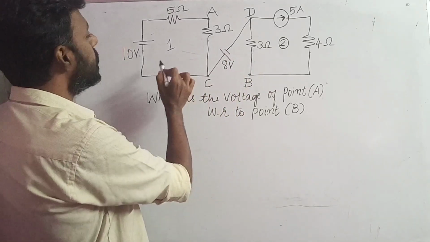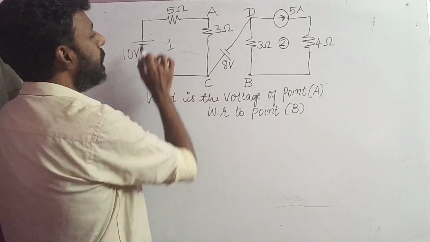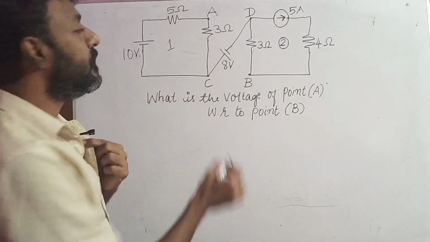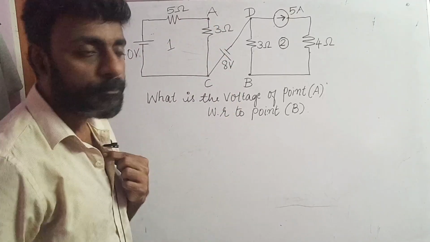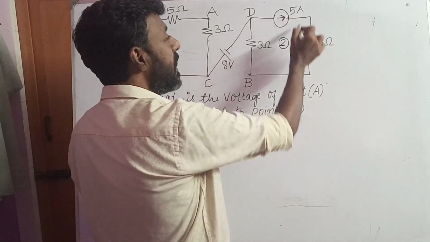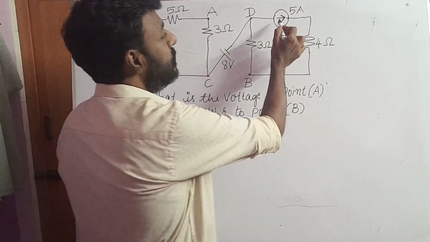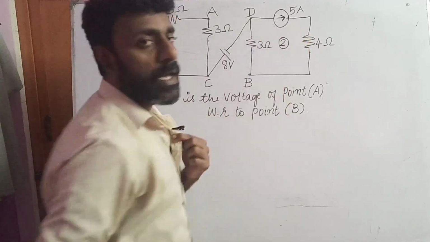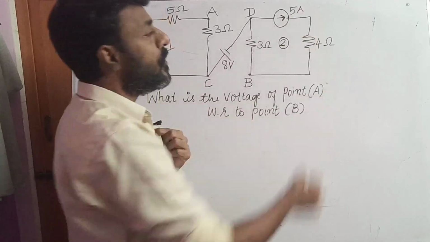First, I am considering loop 1 and I am going to calculate the magnitude of the current that is flowing in loop 1. For loop 2, an ammeter has been connected in this circuit and the meter reads 5 ampere.